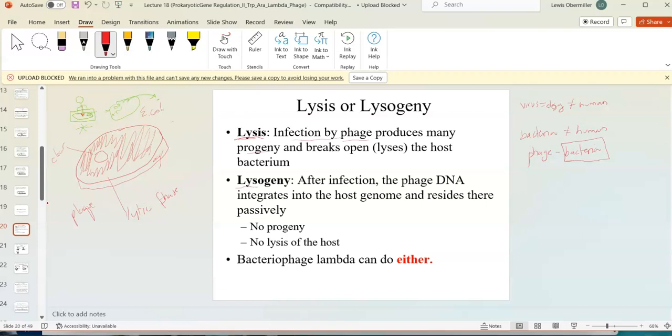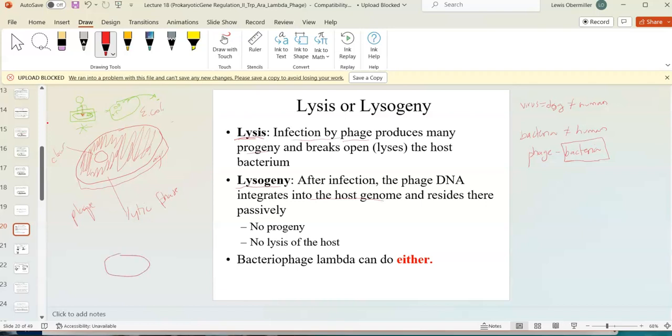But there's another way it can go, and this is called lysogeny. In lysogeny, after the DNA is inserted into the bacteria, it goes into the host, integrates into the host DNA, and just sits there.